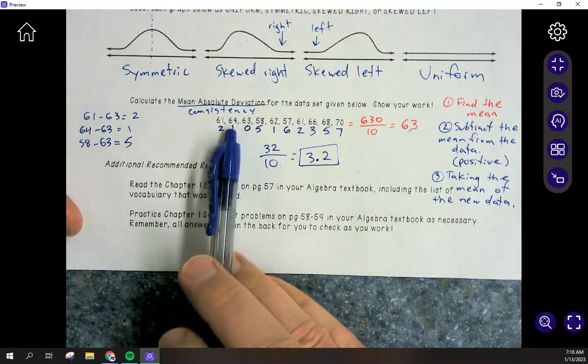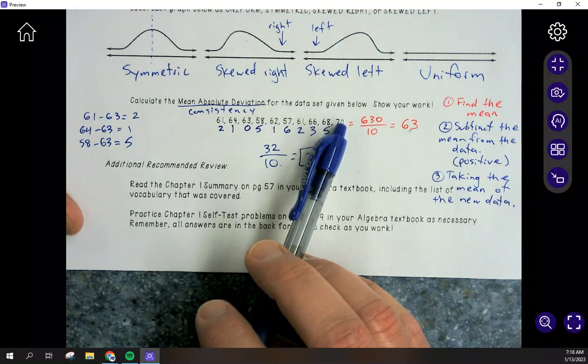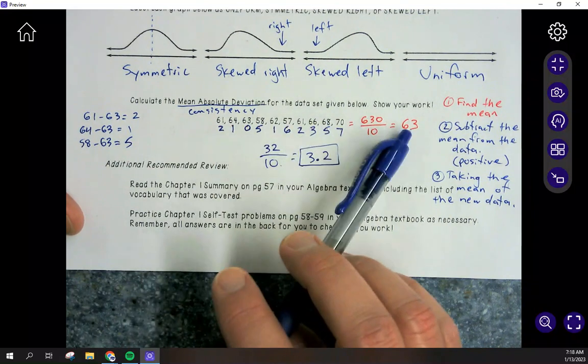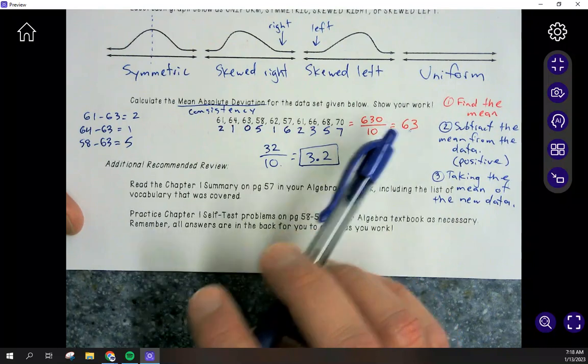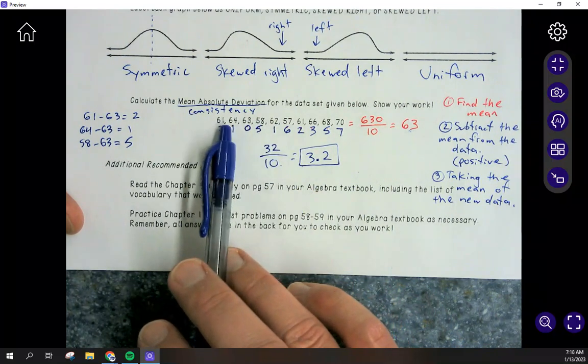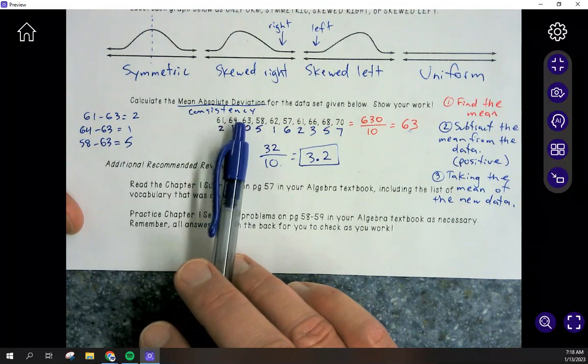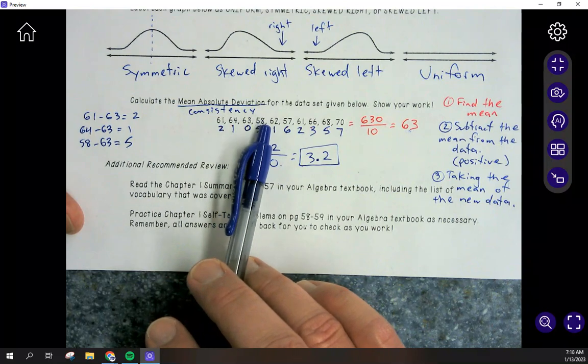So if we had another set of data, let's say that these were test scores, and another person's average was also 63, they could have a different mean absolute deviation. Again, let's say that they were more all over the place. They got a 40 on the first one, and then an 85, and then a 50, and then a 78.